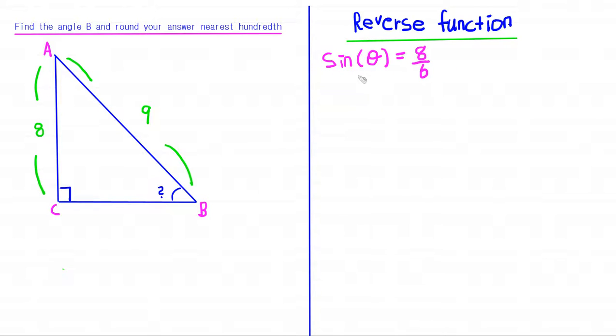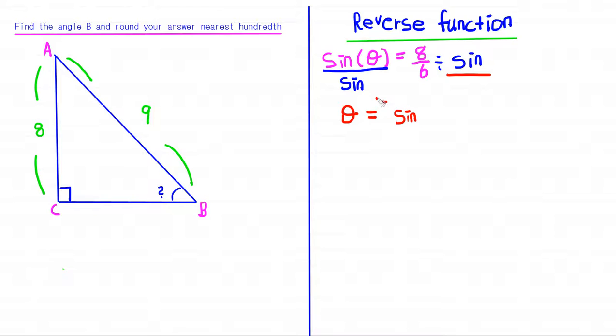We need to divide sine from both sides in order to isolate theta on the left side. If we do that, the left side is going to be theta, equal to the reverse of sine, which we write as sine with a negative one.